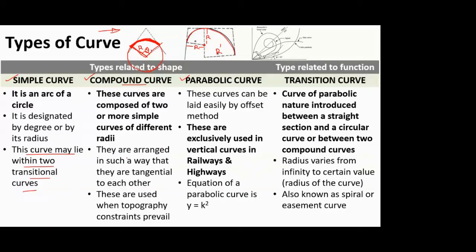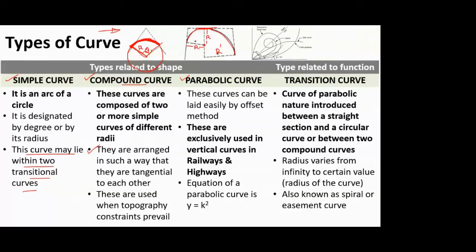Okay, so they are arranged in such a way that they are tangential to each other. So if you draw a tangent over here, the end points or the meeting points are almost tangent to each other. So that's the thing that you have to keep in mind, because you are providing a different radius.